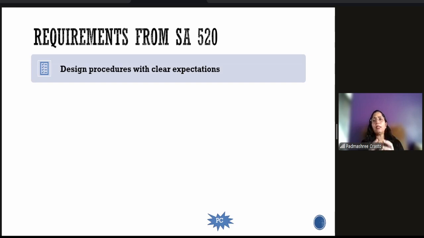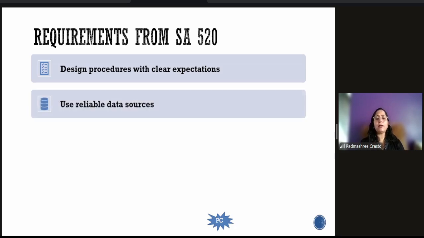So there can be any combination of these things. But when we start off with data analytics, we need to be very clear how we design the procedures, and what our expectations are. My expectations also have to be appropriately defined.